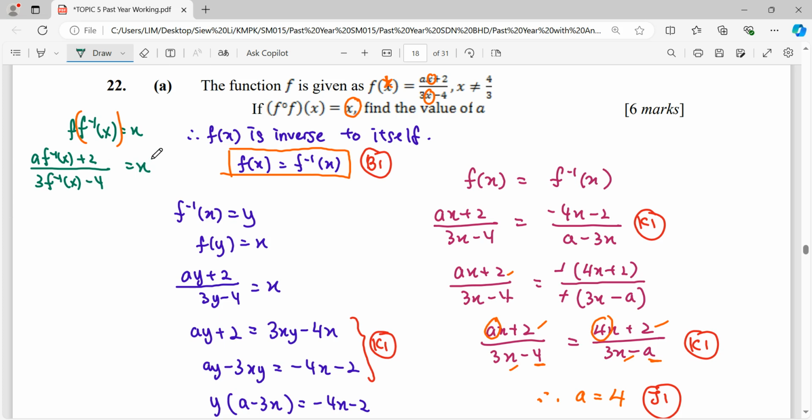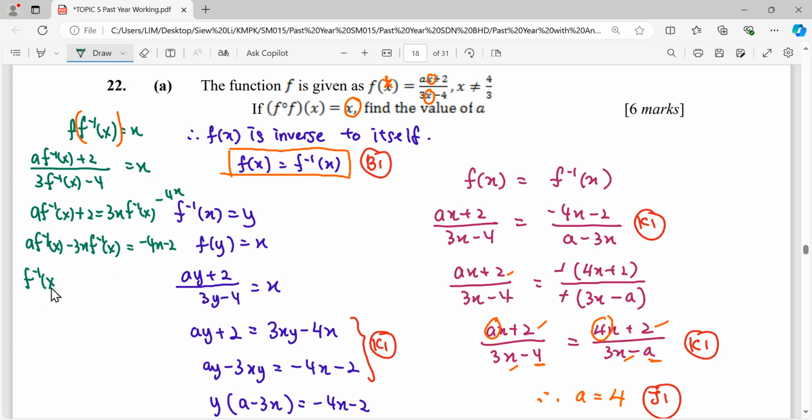Do the cross multiplication to the right hand side. So it gives us 3x f inverse minus 4x. Then we gather back our f inverse, move this f inverse back to the left hand side. So for our right hand side, we get negative 4x minus 2.